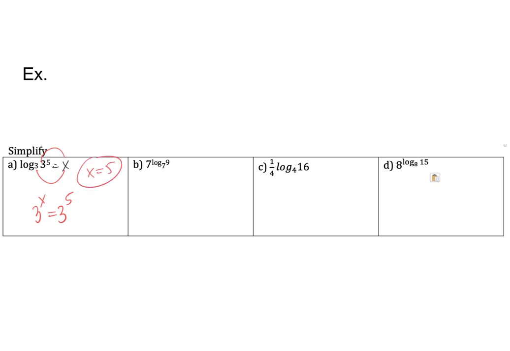So if you notice, when the bases are the same, base of the log, base of the exponent, they cancel each other out. Right over here, we could do the same, but the bases are the same. So they cancel, and I'm just left with 9.